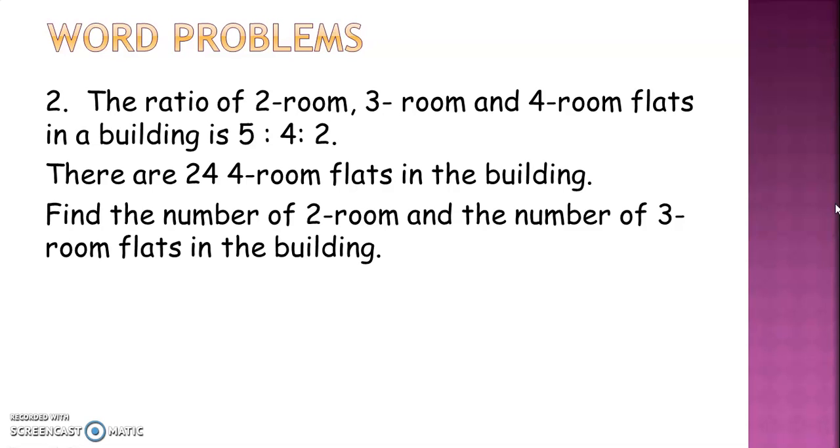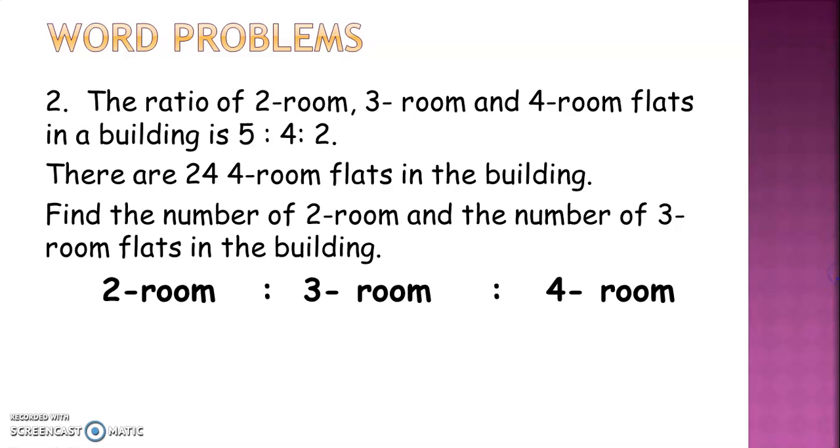So this is our question: find the number of 2-room and the number of 3-room flats in the building. But you know only one kind, the 4-room flats. So this will definitely help us. These are the names of the flats, with the ratio 5, 4, 2.